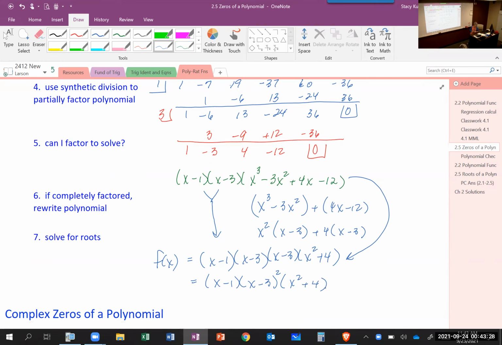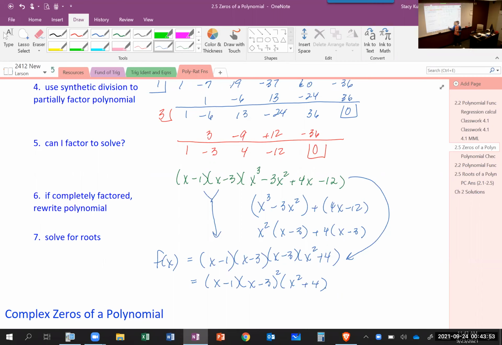So we have 2 roots that we could see from the graph, right? One of them was occurring at 1. It had a multiplicity of 1, so we crossed at that point, didn't we? We also had a root at 3 that touched it, didn't it? Okay, so it had a multiplicity of 2.